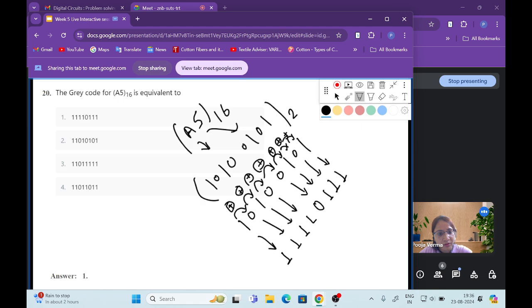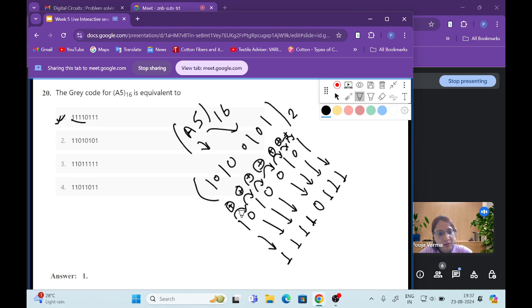So the output of the binary to gray conversion is 1 1 1 1 0 1 1 1. Now we need to check. So option 1 is correct: 4 times 1, then 0, then 3 times 1. Okay. So it is a binary to gray code conversion. We have to take the first bit as it is, then XOR it with the next bit and get the output.